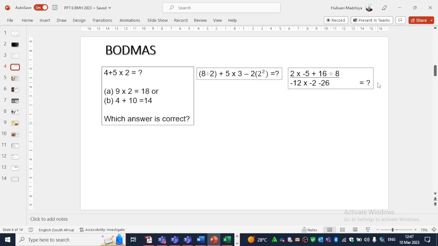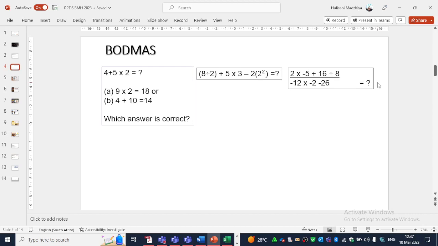Ipeling, can you please assist us? Ipeling or Ipeling M, can you please assist us with the second equation, which says open brackets 8 divided by 2 close brackets plus 5 multiplied by 3 minus 2 open brackets to the power of 2 close brackets is equal to.